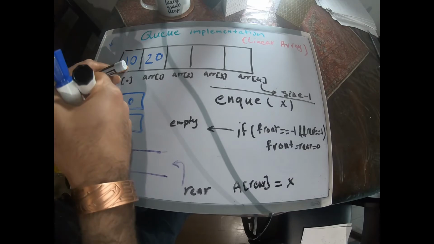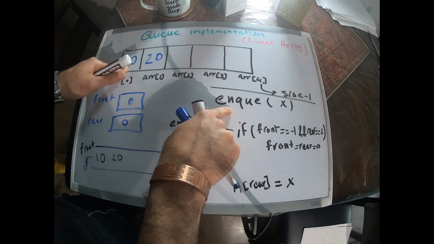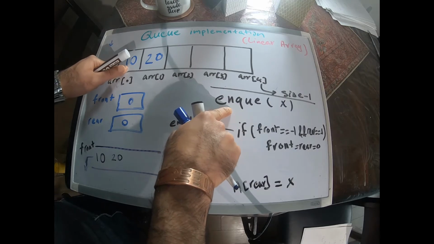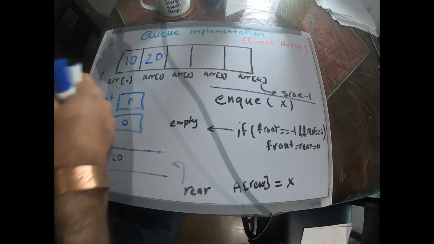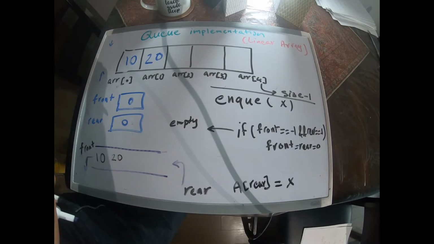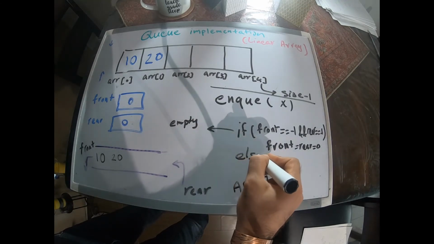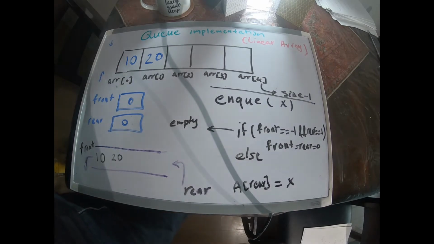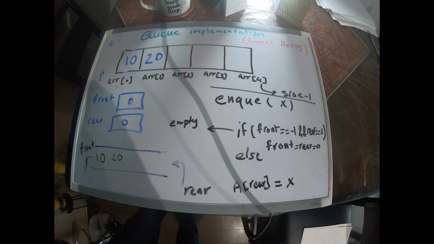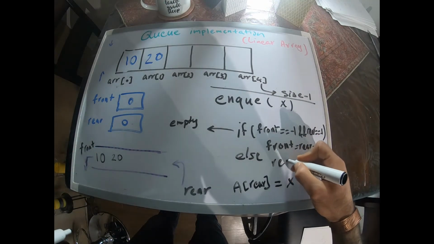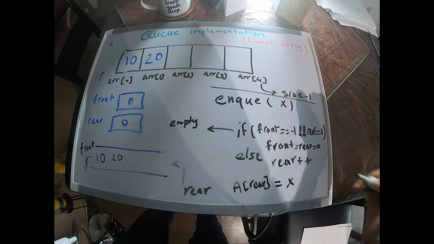So the only time that for enqueuing we have to change the front is when our queue is empty and we are going to insert the first number, right? That was the case. If that is not the case, what do we have to do? We only have to increment the rear. So rear plus plus at this point.